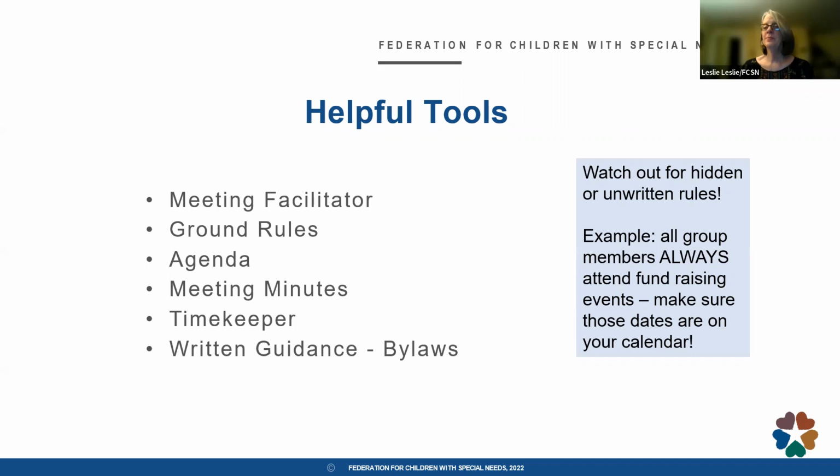For example, there's a fundraising event coming up and you just didn't set that on your calendar and you don't attend. Well, you find out later that all group members always attend the fundraising events. That's the culture. And so you really need to know that. And so you want to put all these dates on your calendar so you can make the best attempt to attend all of these events.